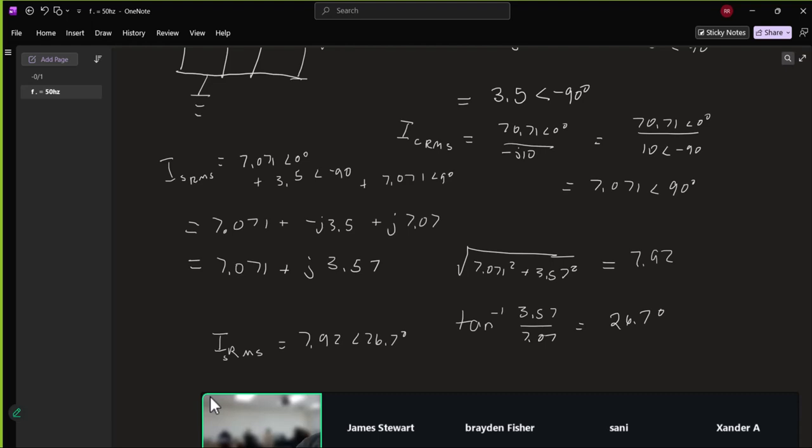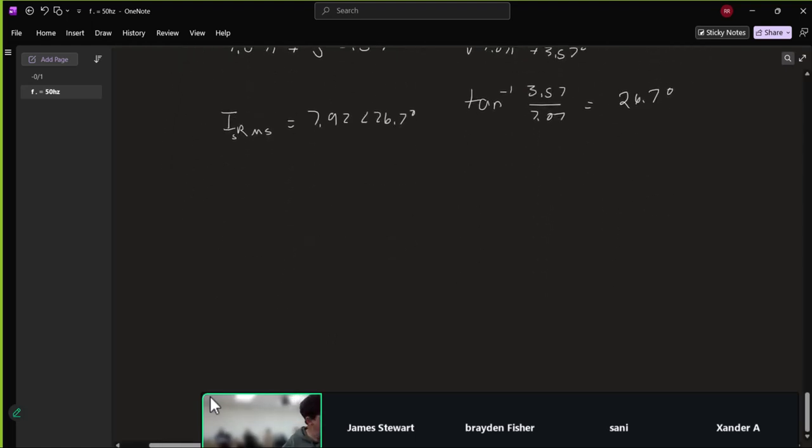Now, compute the average power absorbed by each element, which elements absorb real power, which elements absorb zero average power. Okay, so average power is I RMS squared R, and this is the magnitude of your current.